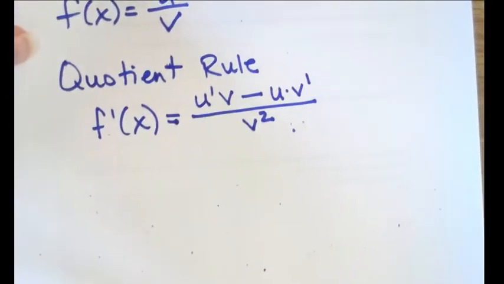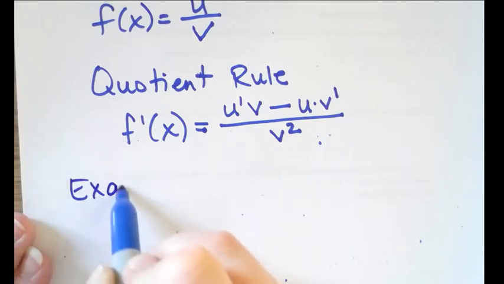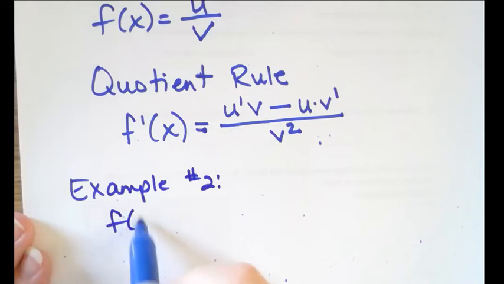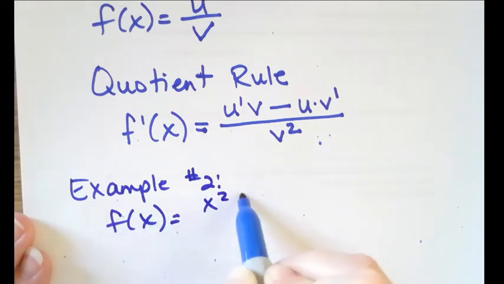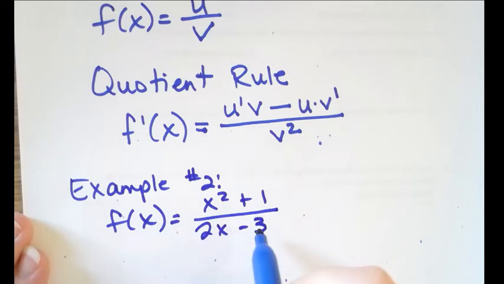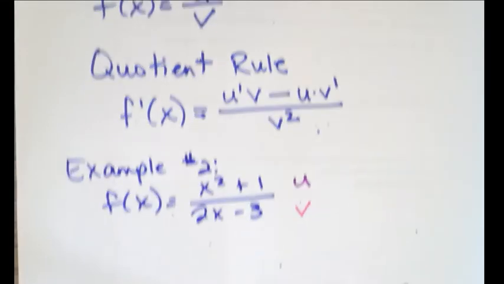So to give you an example with the quotient rule, let's look at the function f of x equals x squared plus 1 over 2x minus 3. So again, we're going to identify our two functions. We have u and v for our different functions.